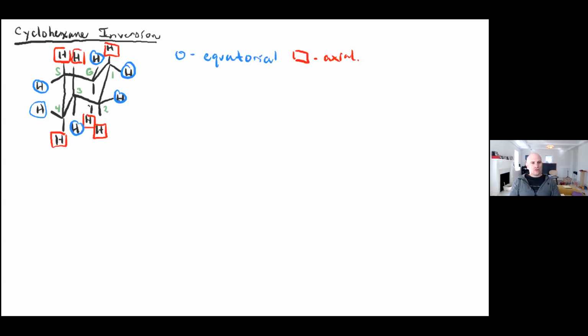To do this, I'm going to start at C1. That carbon is going to flip down, and I'll build my chair from there.